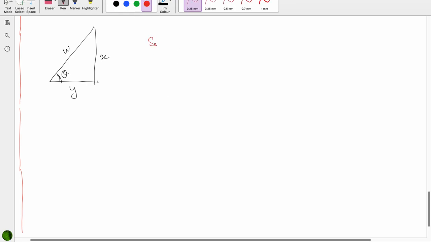So if I write sine theta, and this is a right angled triangle, sine theta is perpendicular over hypotenuse, cos theta is base over hypotenuse, and tan theta is perpendicular over base.